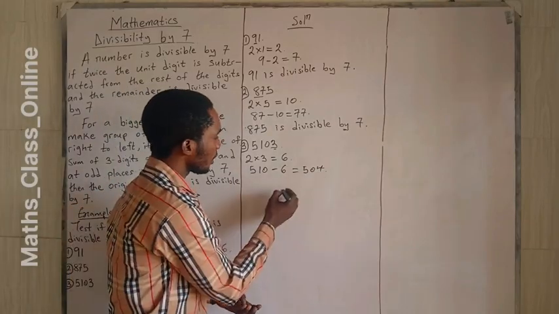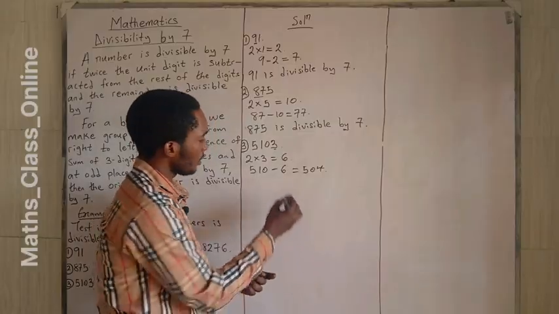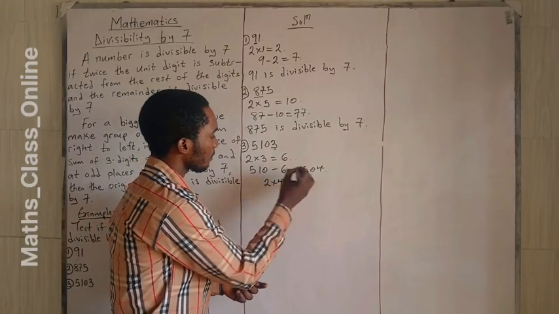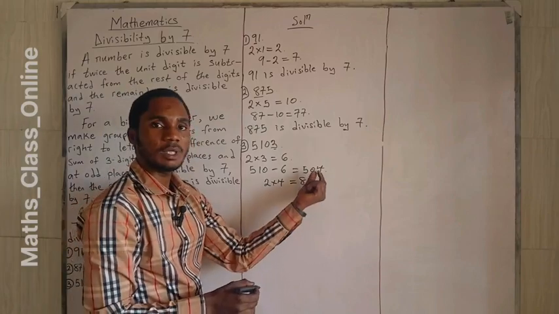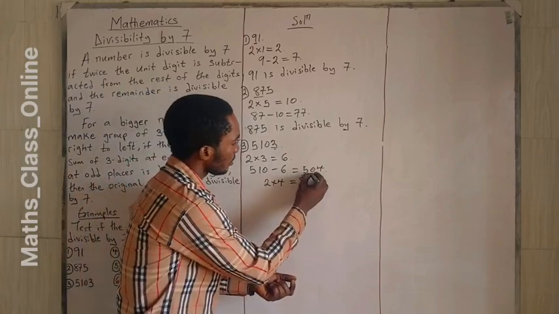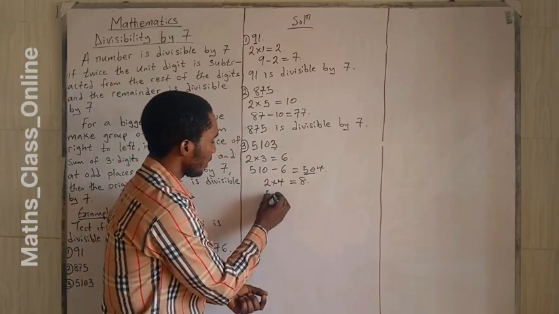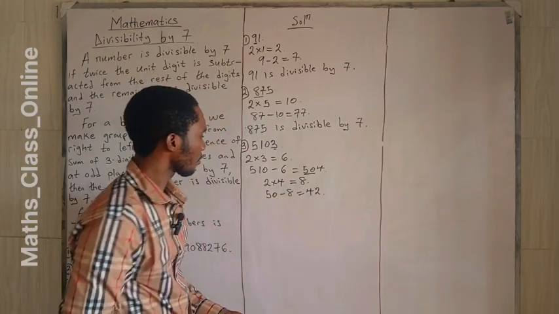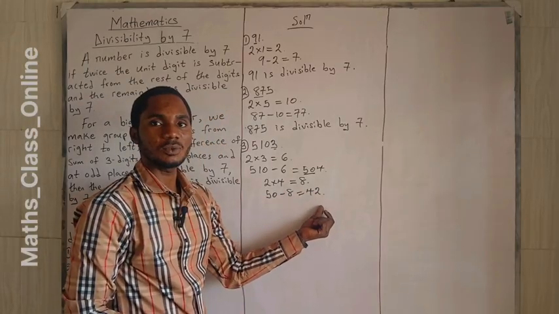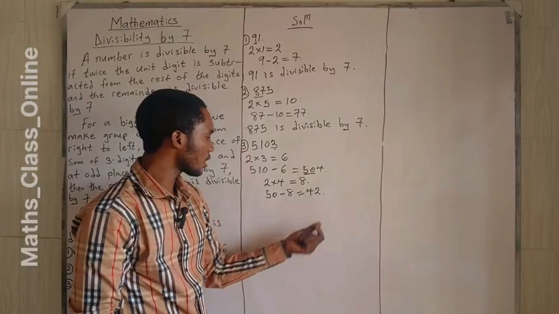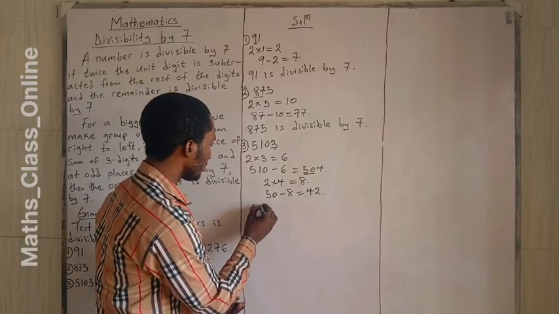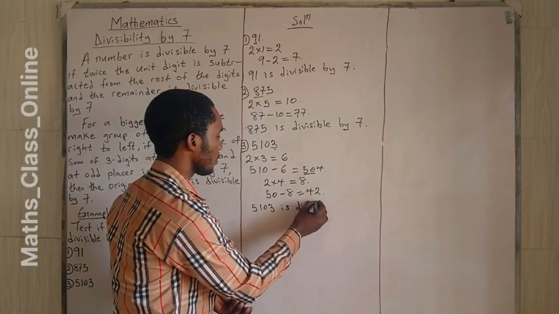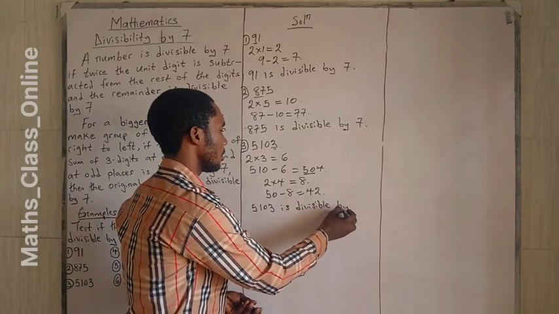The unit digit here is 4. Double, that is 2 times 4, which is equal to 8. Subtract 8 from the rest of the digits, and that is 50. 50 minus 8 is equal to 42. Can 7 divide 42? Yes, 7 can divide 42. That means that 5103 is divisible by 7.